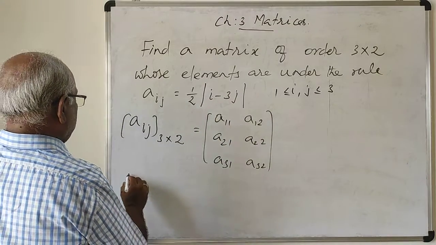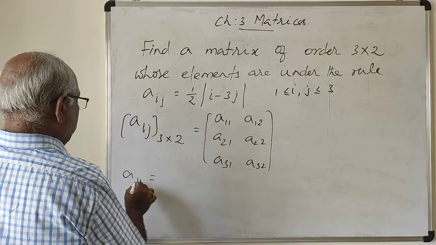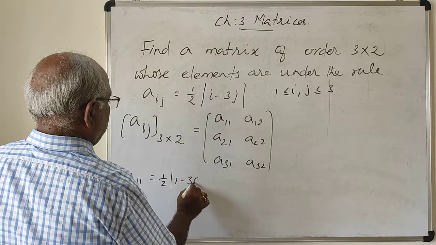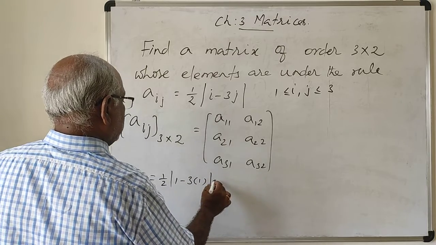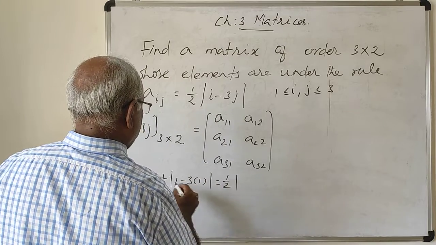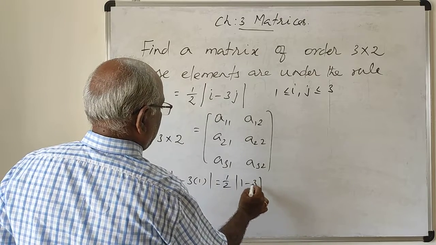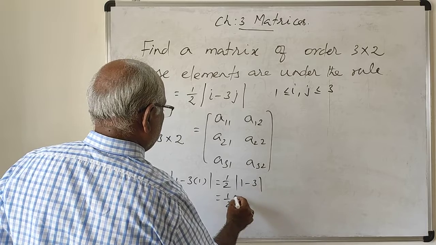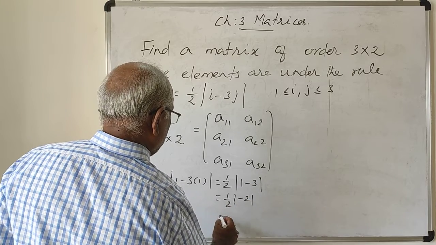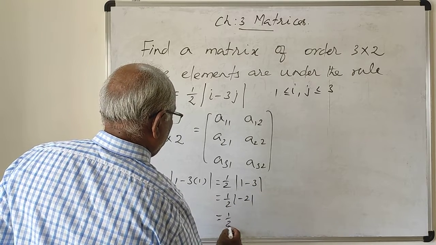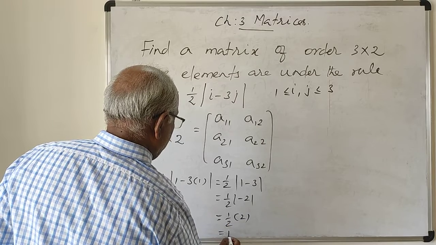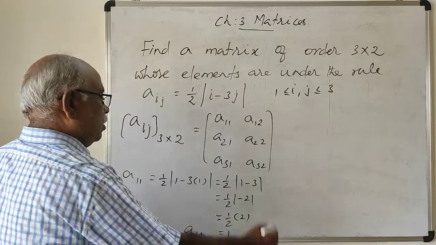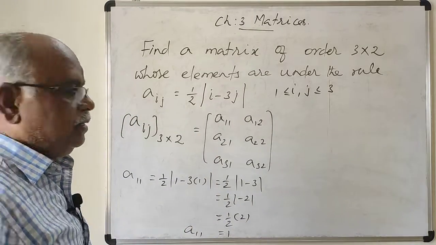What is A11? i is 1, j is 1, that is 1 by 2 into mod of 1 minus 3. 1 minus 3 is minus 2, modulus of minus 2 is 2. Therefore, 1 by 2 into 2 equal to 1. So, A11 is 1. Like that, you have to find out all the elements and then you complete the matrix.